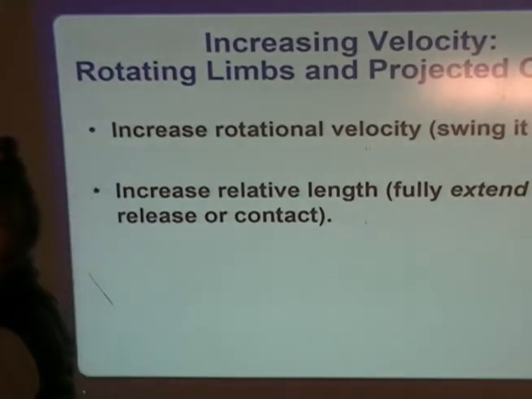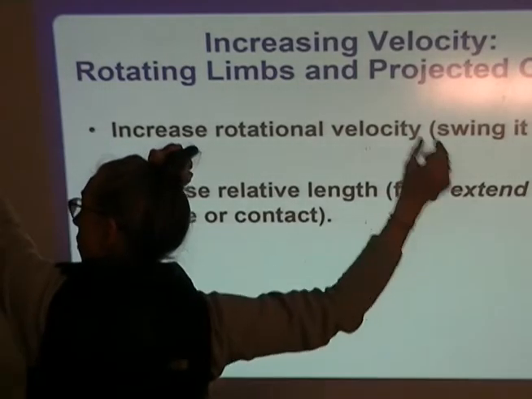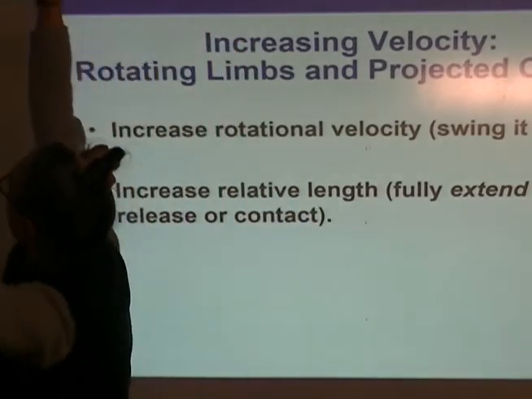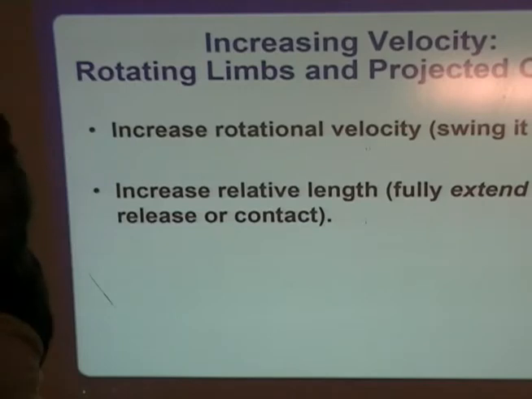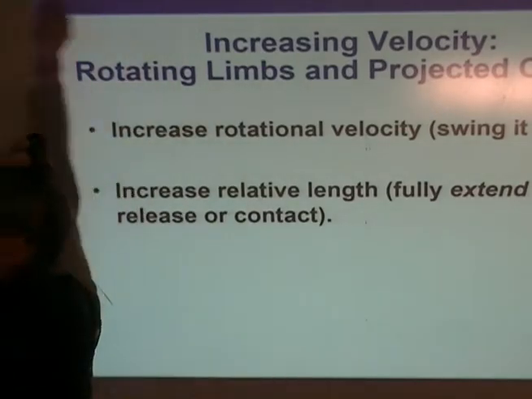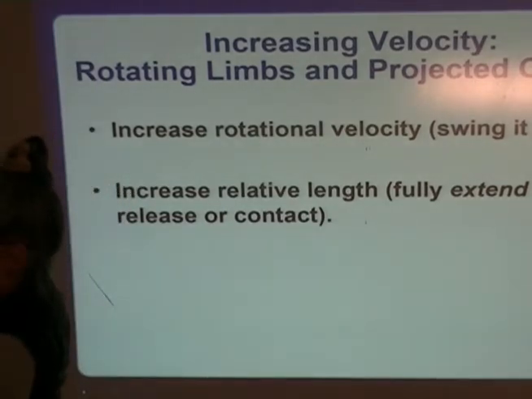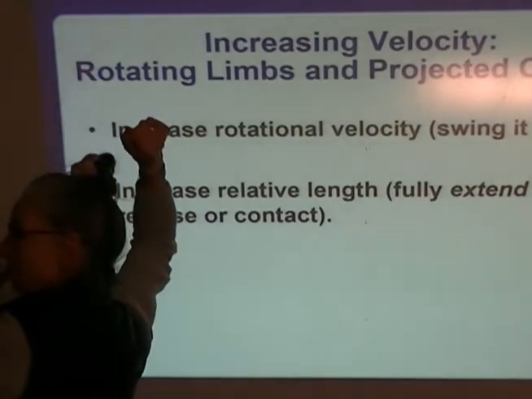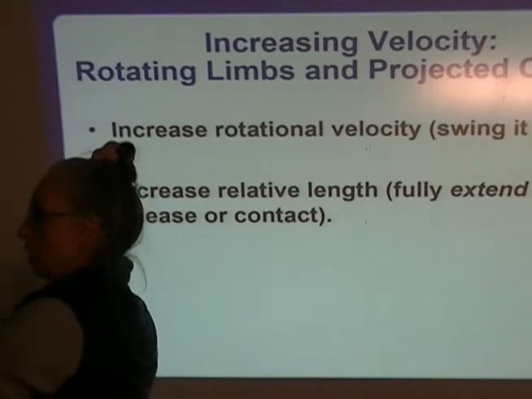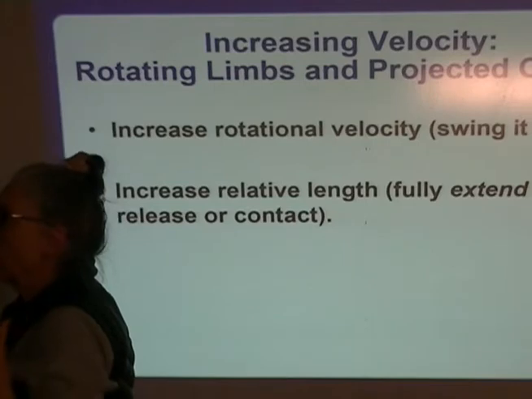Same with a tennis player with a serve or a volleyball serve, right? I throw up the ball and I hit the ball as tall and as straight as I can. Because here's my center of rotation, so my arm and the racket are now the radius. If I hit the ball with my arm bent, then I'm not going to have as much velocity on the ball as I could have. So that depends on what the goal of the serve is, right?